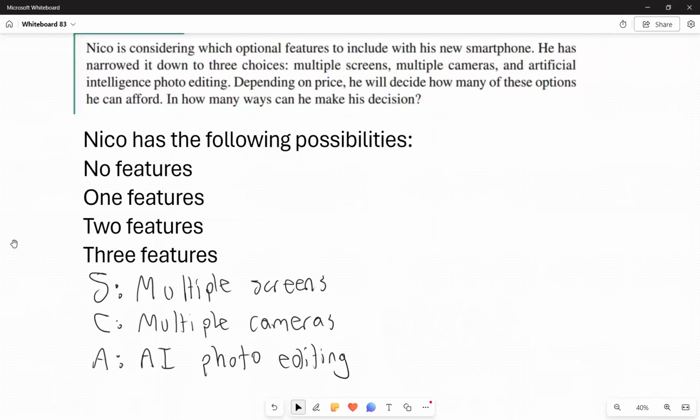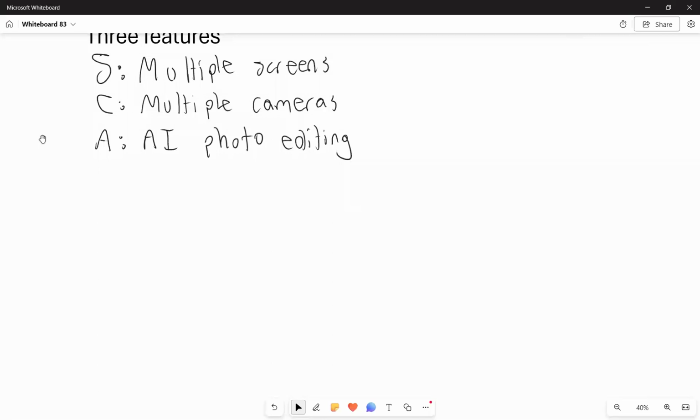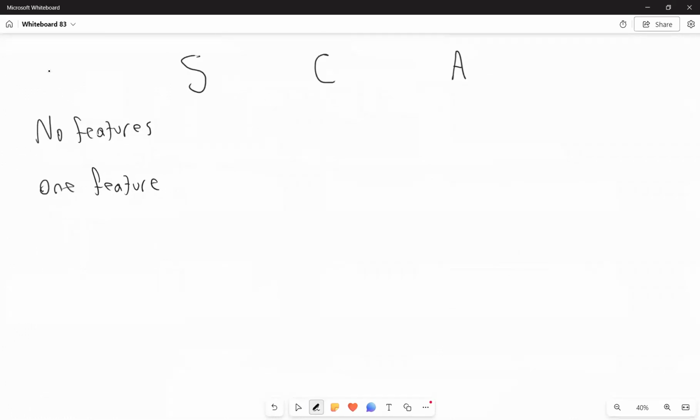Okay, so let's see where we are. These are going to be the features: multiple screens, multiple cameras, and artificial intelligence photo editing. So the possibility is that it has no features, that it has only one, that it has 2 but not all 3, and that it has all 3.